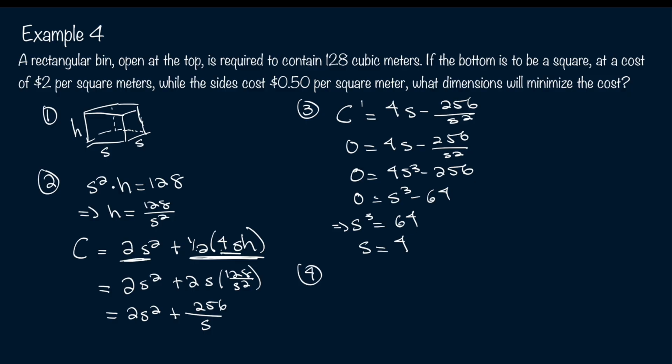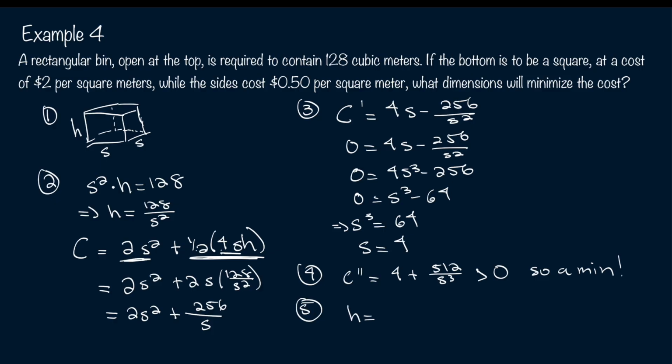We can do the second derivative test, which C double prime is going to be equal to 4 plus 512 over s to the third, which doesn't matter what s is equal. It's going to be greater than 0 no matter what. So it is a min. Lastly, we are going to plug it into our original equation.